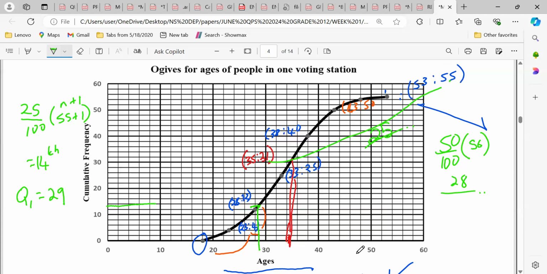Okay, 28. Let's come and check 28. 28 is just below 30. This one is 30. Who's corresponding here? It's 24, but then it's 34. Here it is, it's 34.